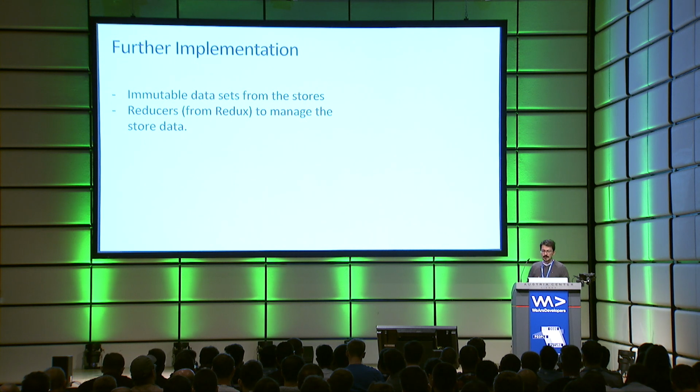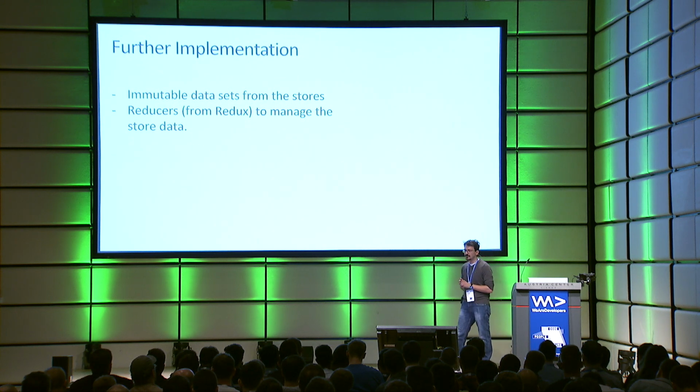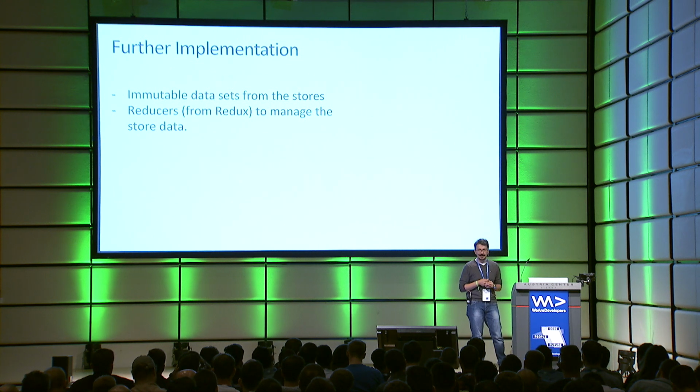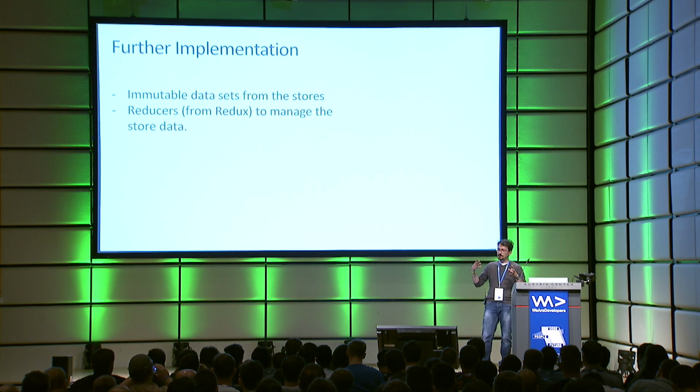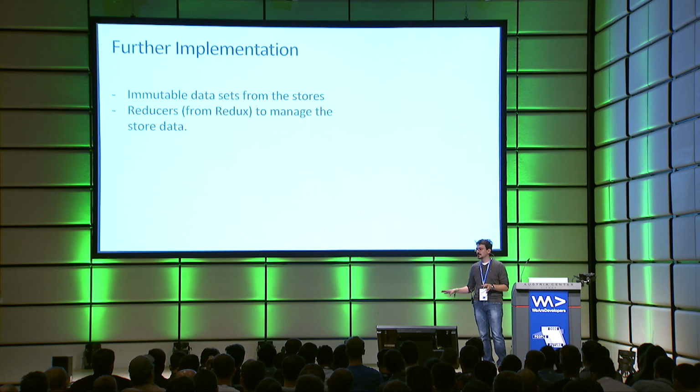So the Redux framework introduces the concept of reducers. It's kind of like a composite implementation, where the reducer is the business logic that deals with the actions triggered by the dispatcher on the target data store.